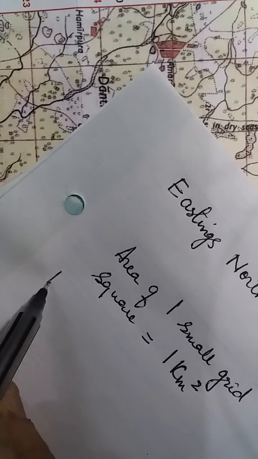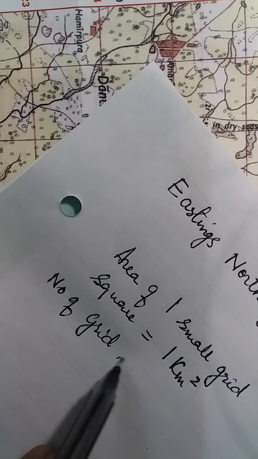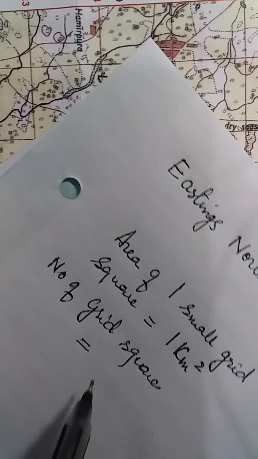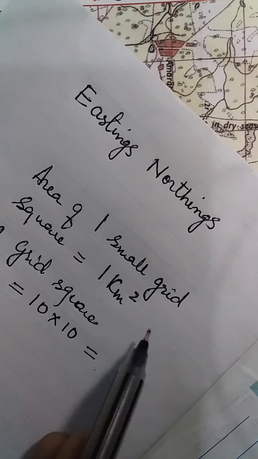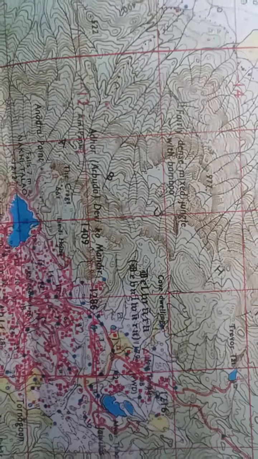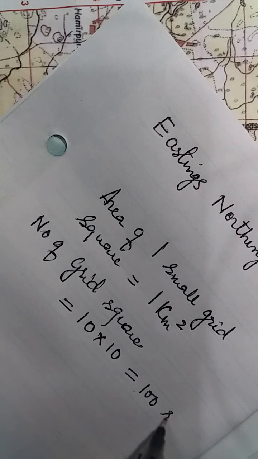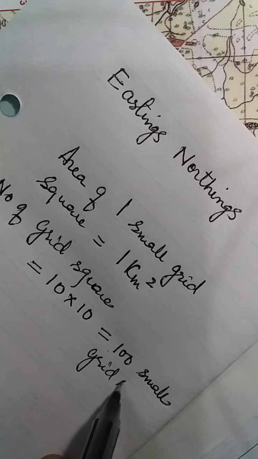The number of grid squares that I have counted is 10 into 10. That is, in this extract 45D by 10, there are 100 small grid squares.